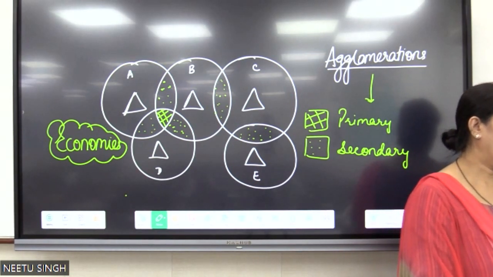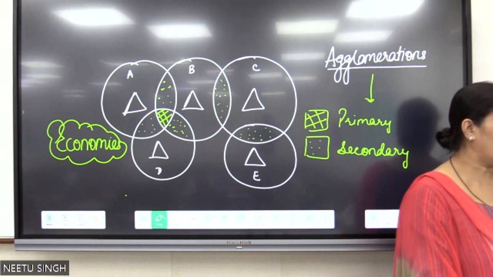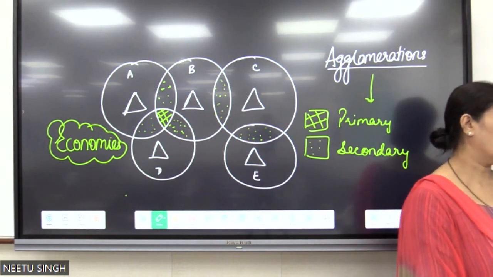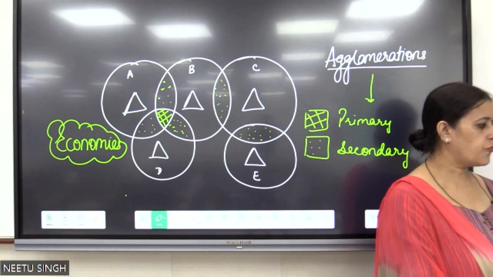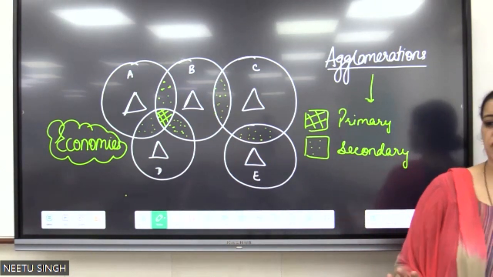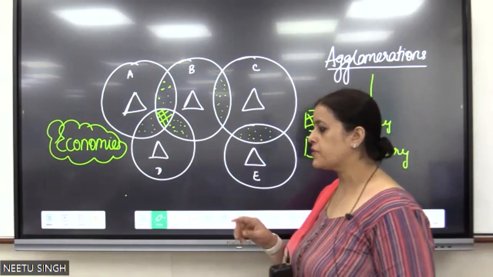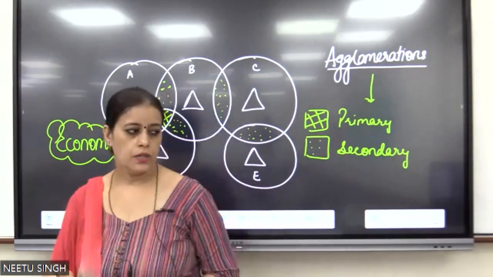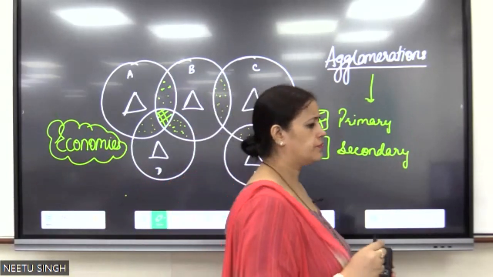I have drawn the diagram and I have given you the trick to swiftly draw it. If you draw triangles first, then the diagram will become time consuming. फटाफट से सर्कल बनाओ ओवरलैप करके एंड देन सेंटर में ट्राइंगल फिट कर दो. Easiest way of doing it.